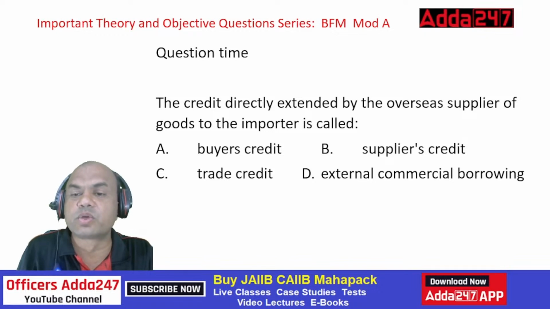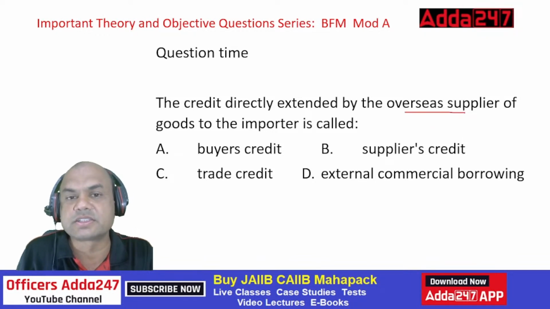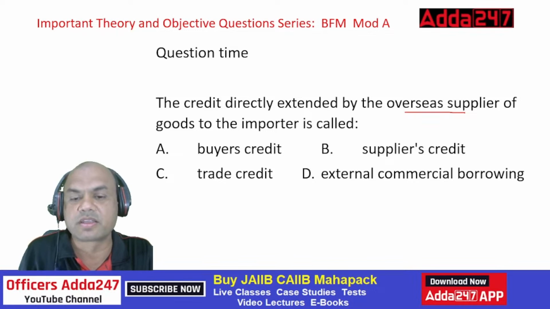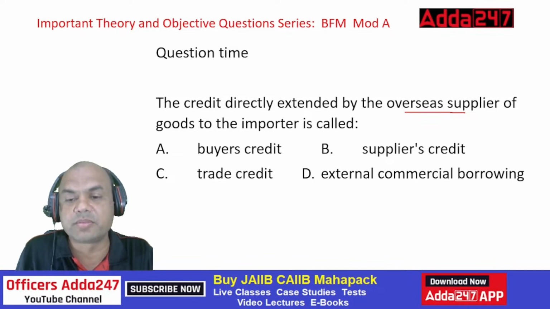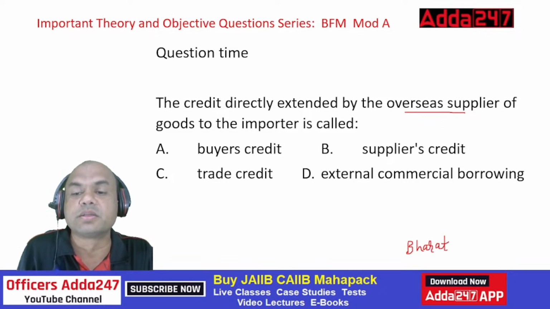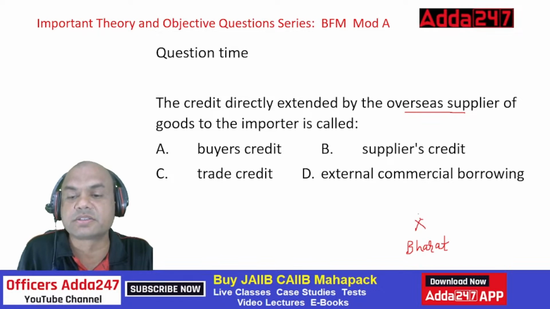What do you mean by this overseas supplier extending? See here, this is in the case of imports. I'll explain to you. Let's say I'm in Bharat. Okay, we'll call it Bharat, isn't it? The things are changing in India now. Suppose this is Mr. X. Mr. X is a buyer. Mr. X needs to be the importer over here, importer for this supplier's credit.